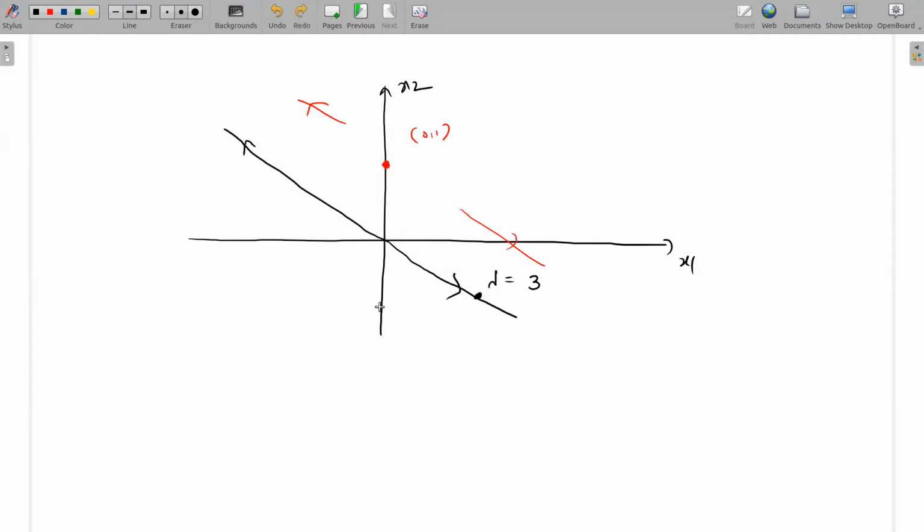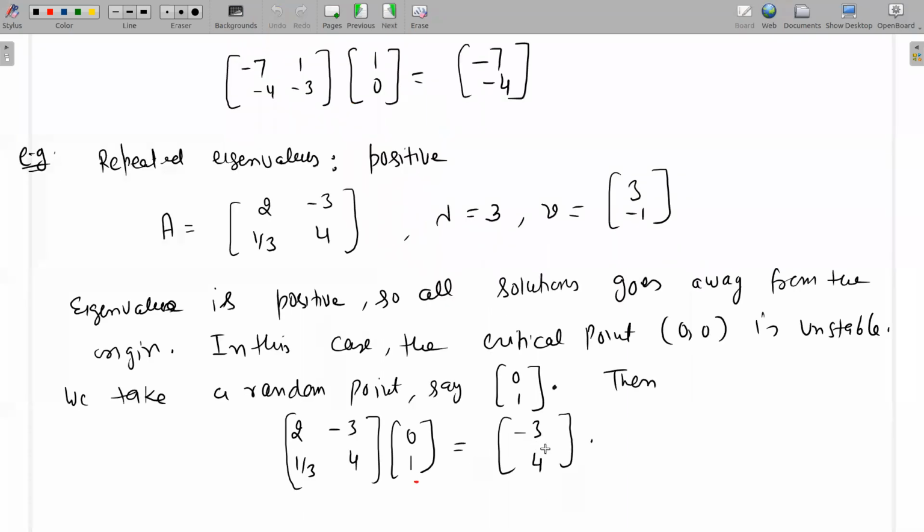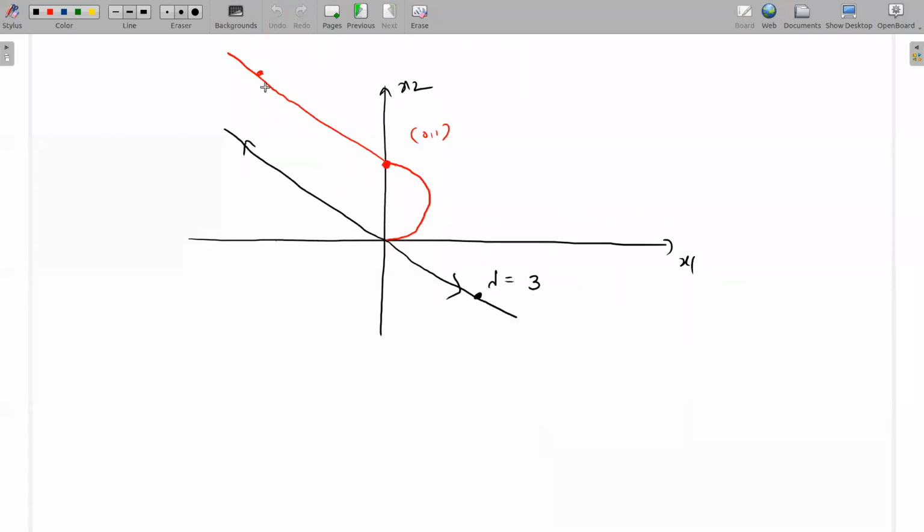So to check the direction, any solution which passes through (0, 1) goes in the direction of (-3, 4), which will be somewhere here. x negative, y positive. इधर भी आप चेक कर सकते हो.